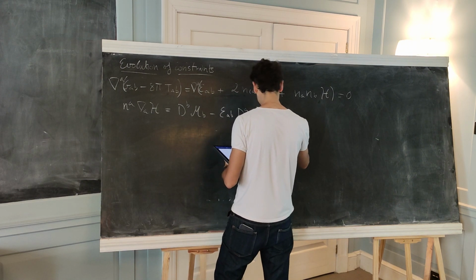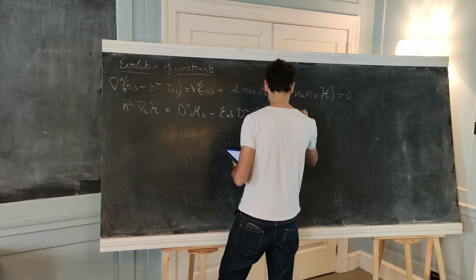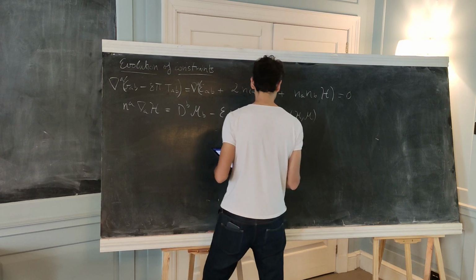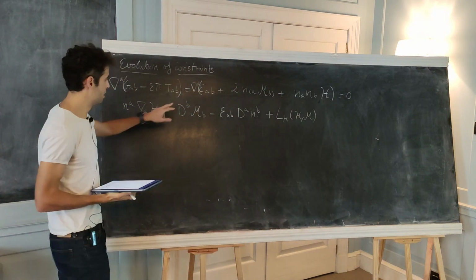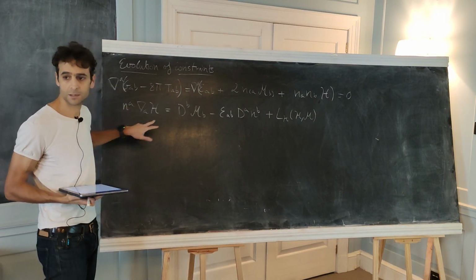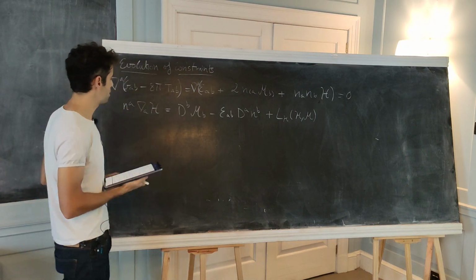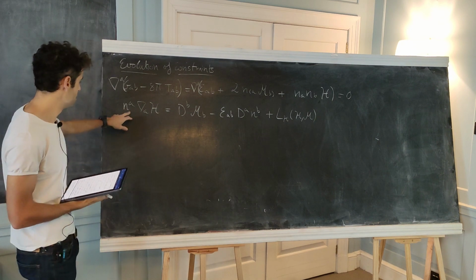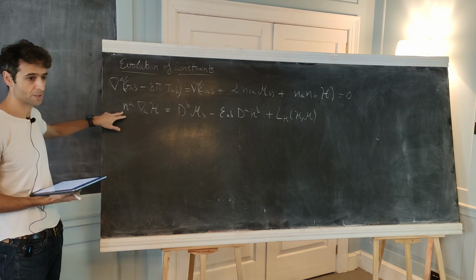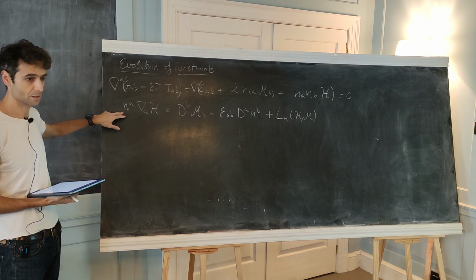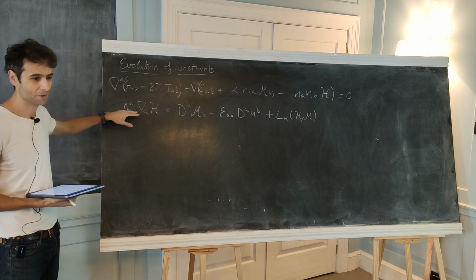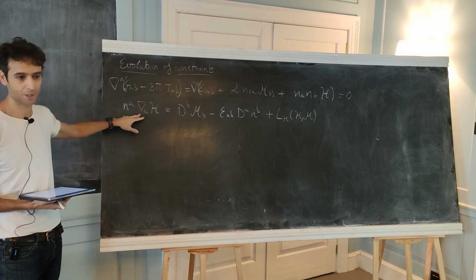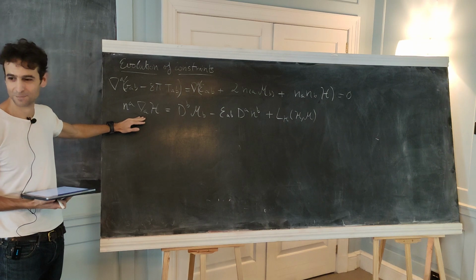Some operator. So that's the normal projection of this equation, and the tangential projection of this equation gives you an evolution equation for the momentum constraint. So notice that this is a time derivative, right? Because that vector has d by dt. So that's a time derivative. Does everyone see that this is a time derivative?